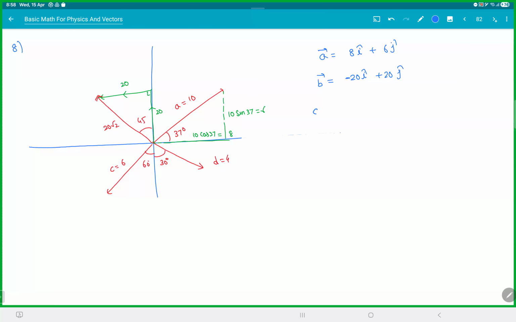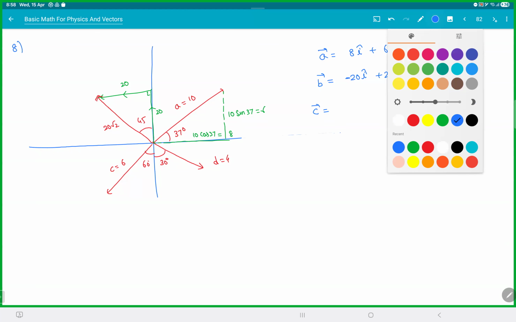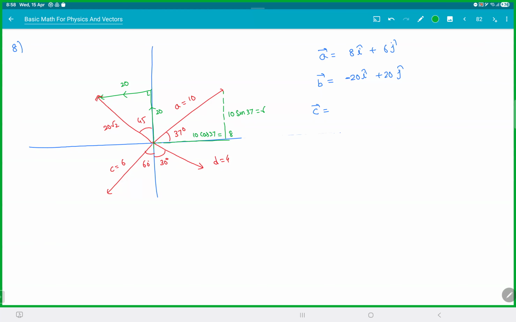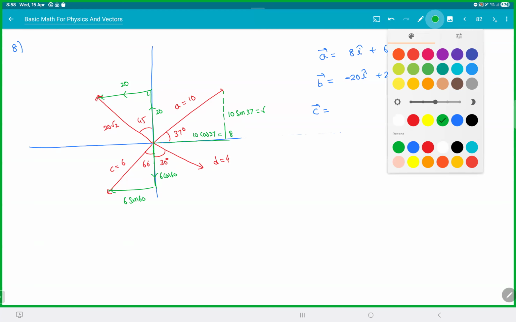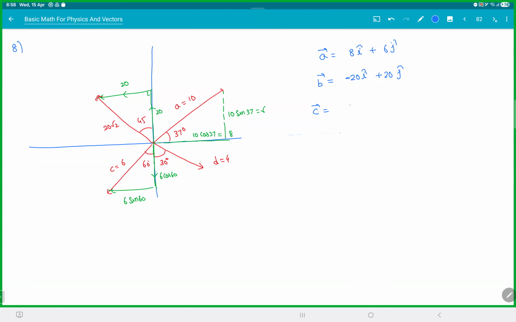So for C bar, I'll go down because I know 60, and then I will take a left turn. So this would be 6 sine 60, and this would be 6 cos 60. That would be minus 6 sine 60 i cap, minus 6 cos 60 j cap. Sine 60 is root 3 by 2.